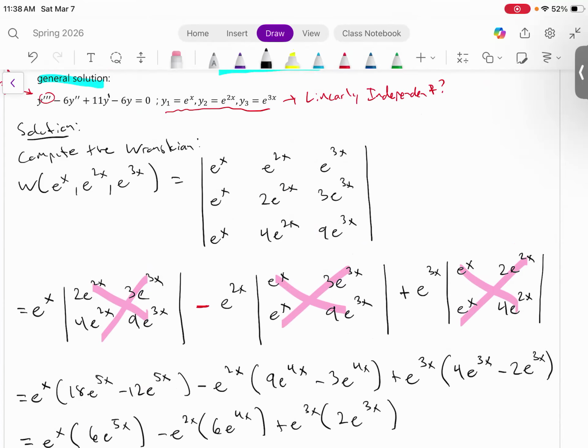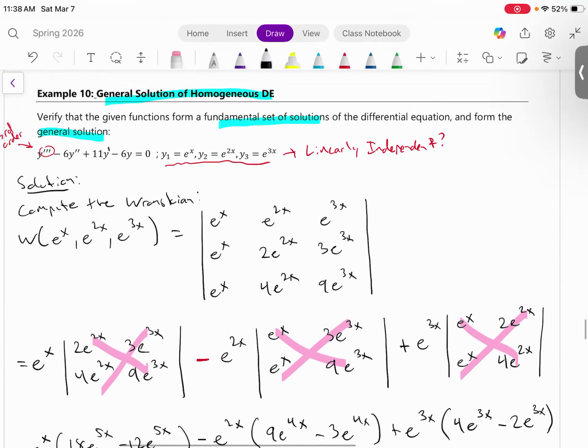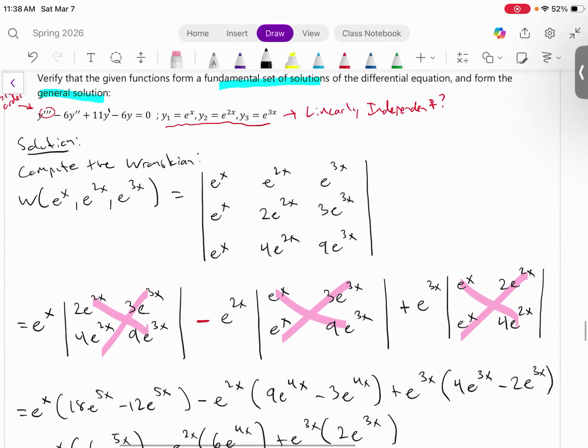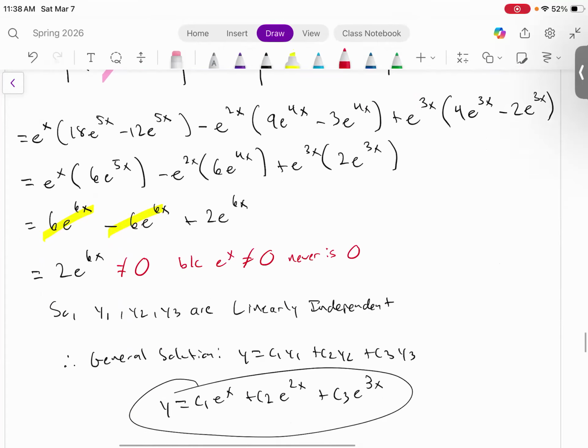And the fourth order, we would do the same exact process with a 4 by 4 determinant, but I think three is about as high as we want to go in this course. So yeah, just kind of backtrack. We verify that the solutions are a fundamental set of solutions by showing they are linearly independent.